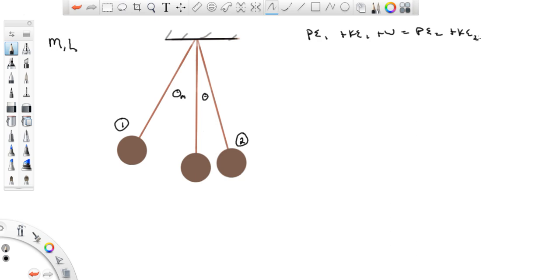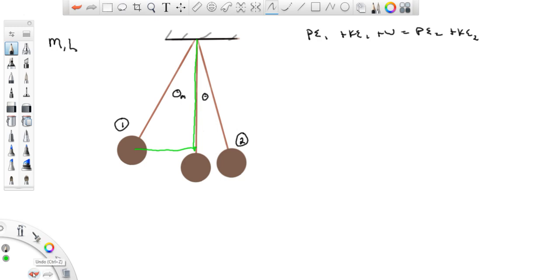Okay, PE1 is all gravitational potential energy, and that's it. There's no springs associated with this problem at all. And if we use this as our datum, the distance we need is this distance, the vertical one there. The hypotenuse is basically L. That distance that we need is adjacent to the theta max.